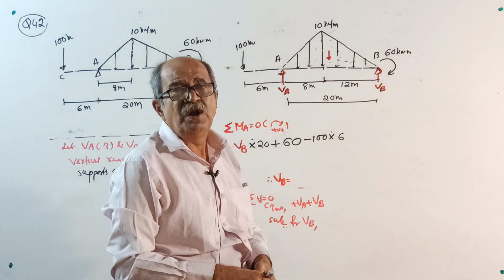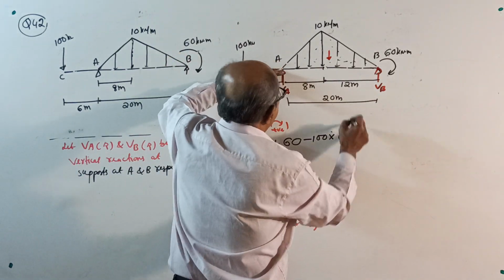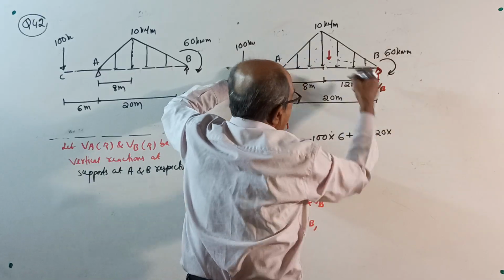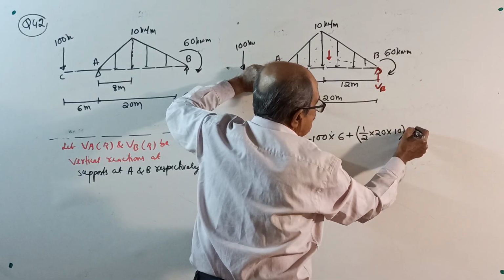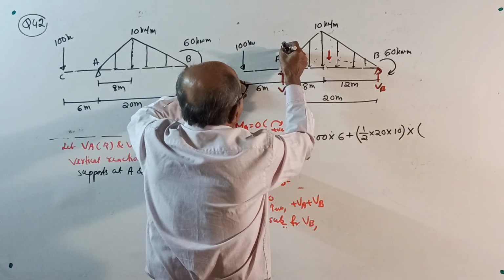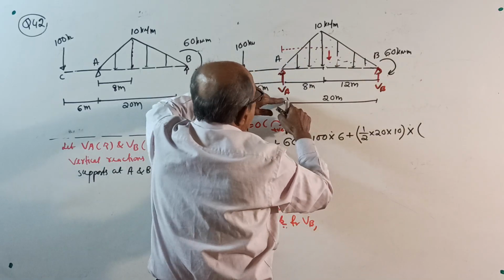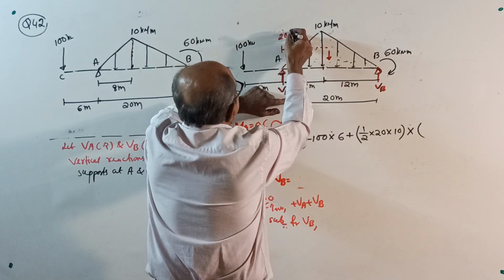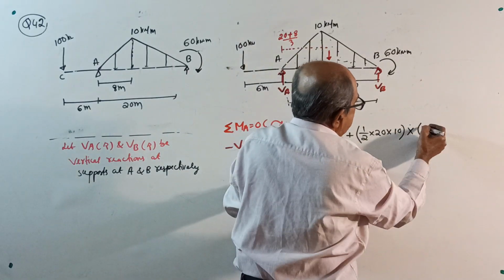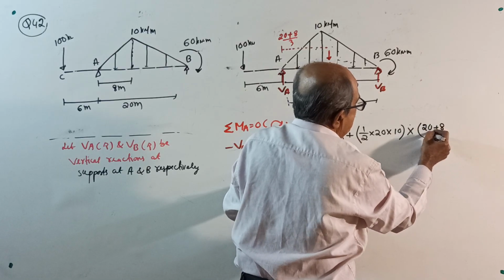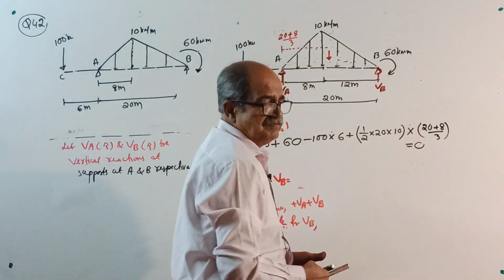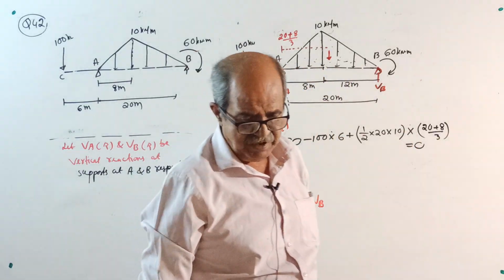So the answer is plus clockwise, half into 20 into 10 is the total load, into the distance from A to the line of action: total length 20 plus this cut length 8 divided by 3, into 20 plus 8 divided by 3. Therefore, you get the value of VB.